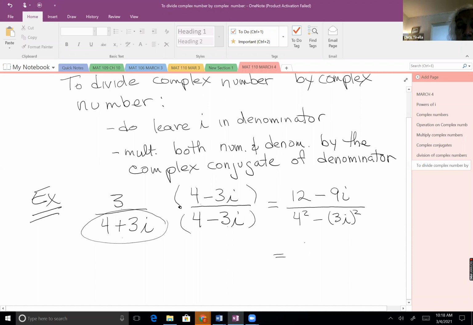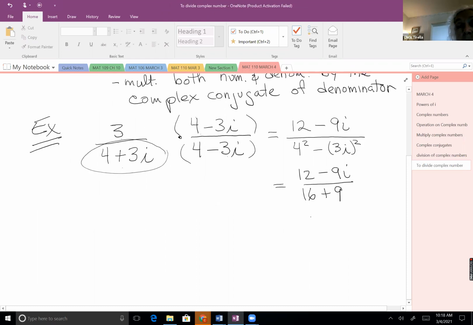And so that'll give me my 12 minus 9i over 16 minus negative 9 will become 16 plus 9. And so that gives me 12 minus 9i over 25.